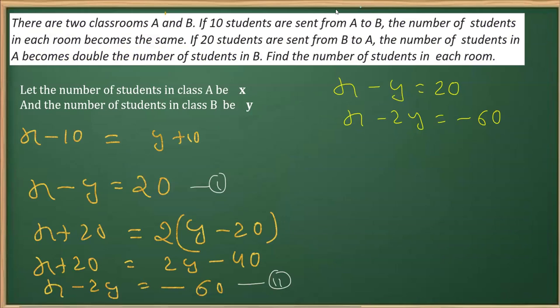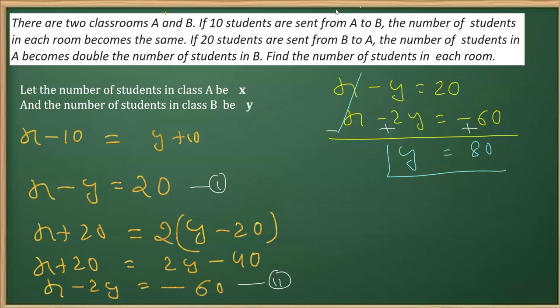Now we can see that we have the same coefficient for x, so we'll be subtracting. On subtracting, we reverse the sign. So x and x get cancelled here. Minus y plus 2y is y, and 20 plus 60 is 80.